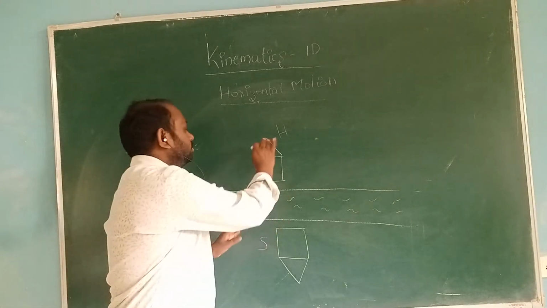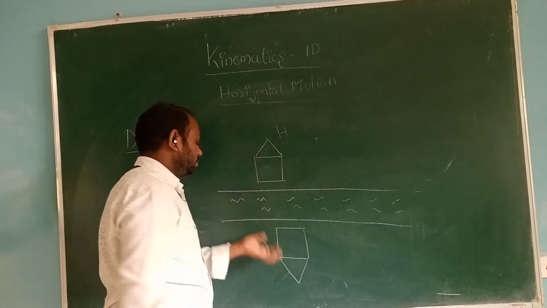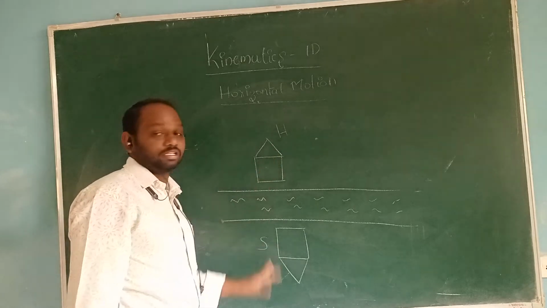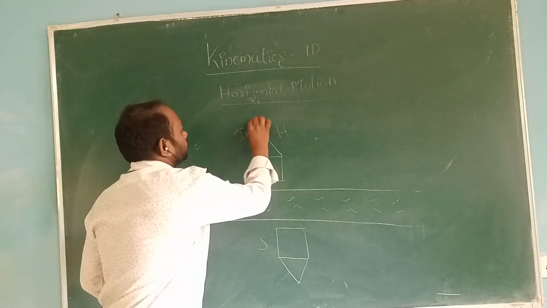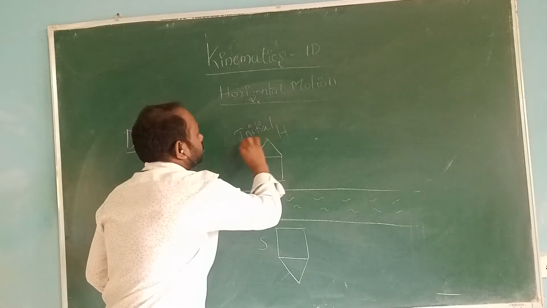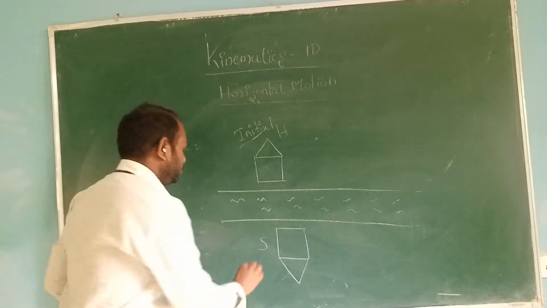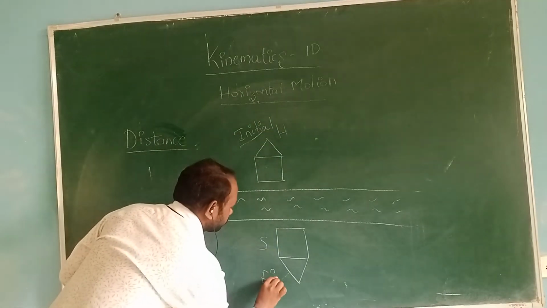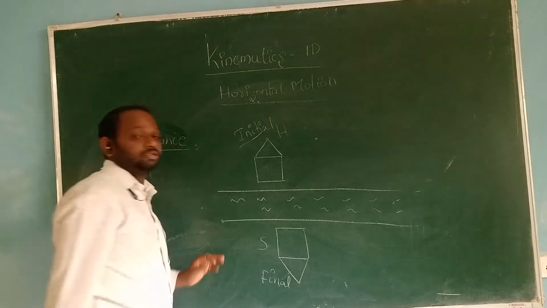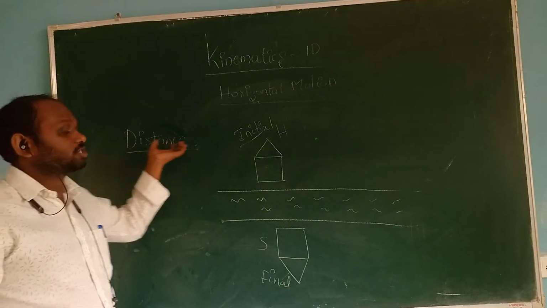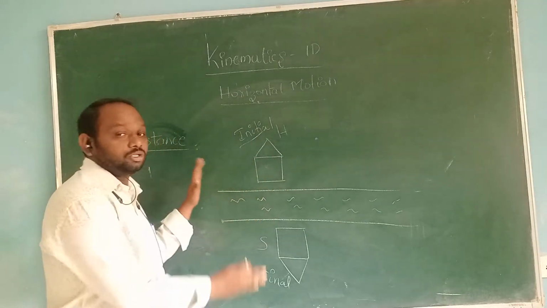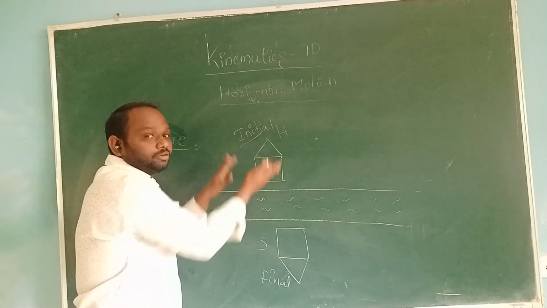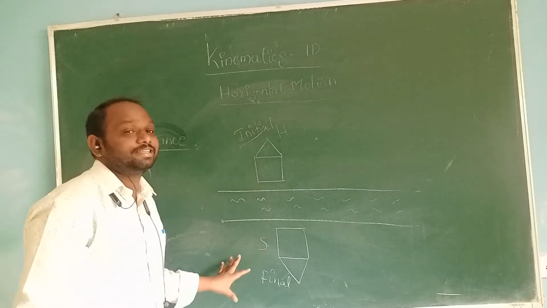So one river there, your school here. This is the initial point and this is the final point. So distance means the actual path of total length between initial point to final point.